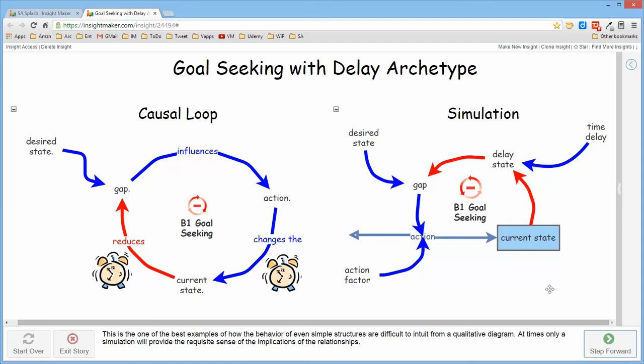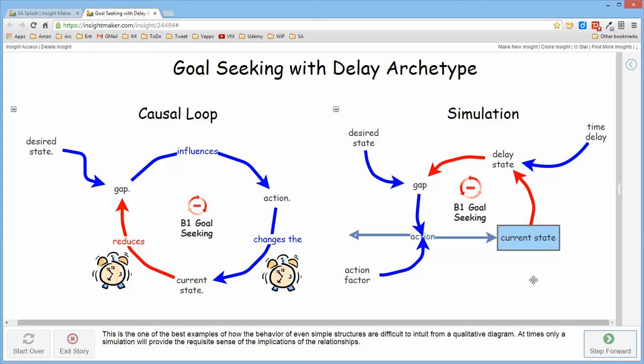It really depends upon what the specific situation is that you're considering. Though what this structure points out is that it's very easy for a very simple structure to have a behavior that's extremely not intuitive because of the way that the relationships unfold over time.